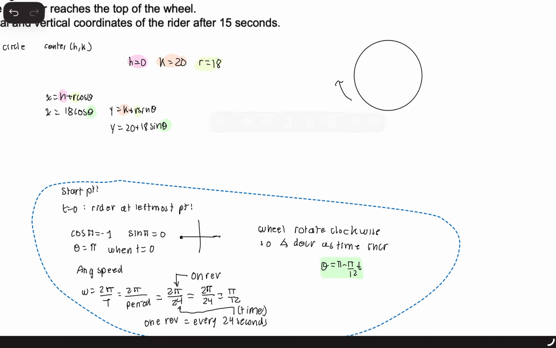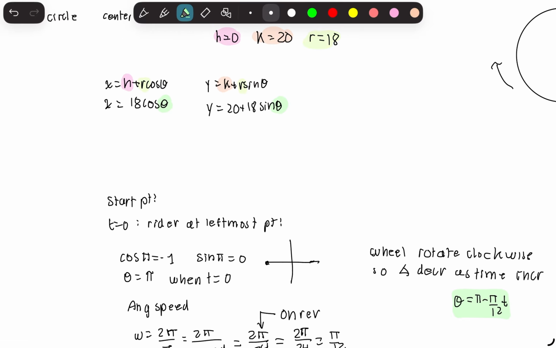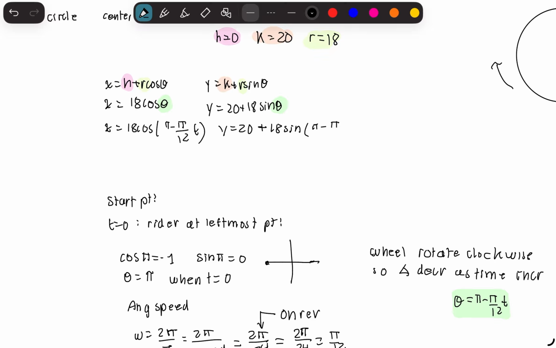So let's just rewrite these with theta subbed in. You're going to have x is equal to 18 cosine of (pi minus pi over 12 times t), and you have y is equal to 20 plus 18 sine of (pi minus pi over 12 t).